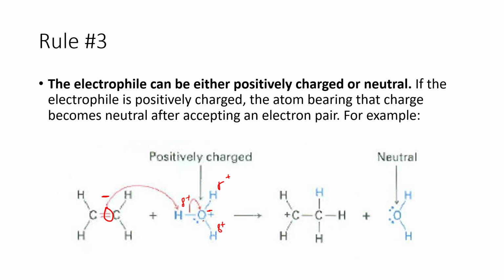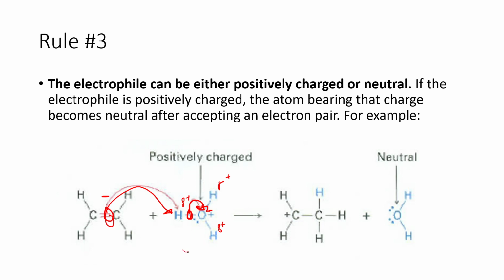Please take note that it is hydronium ion. The whole molecule is charged because oxygen can only bond up to 2. If it bonds to 3, it gains a positive charge. So this double bond here will grab hydrogen, and this bond that broke will move towards oxygen, giving oxygen another electron pair.